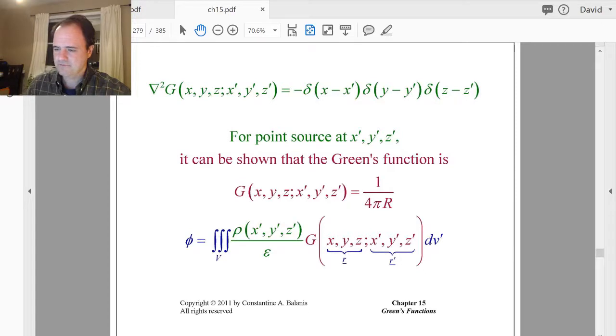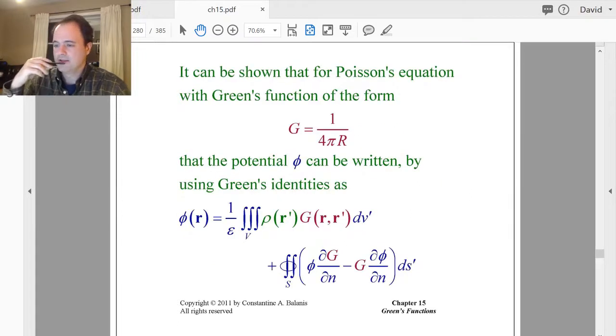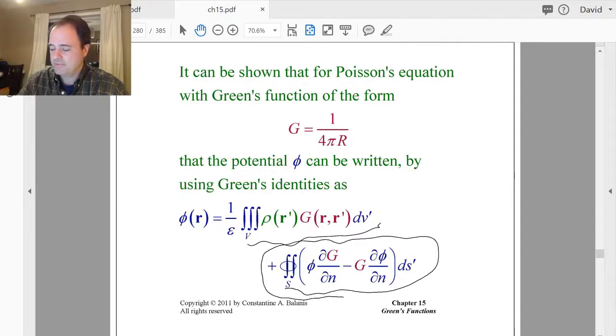All right. So we're going to go about solving for this. So the Green's function must satisfy this partial differential equation. And what we can show is that, just as I said, the Green's function turns into this right here. So this is the volume part of this, but the surface part of it, if we were to keep that, would be included like that right there.